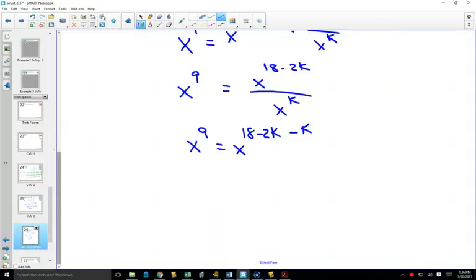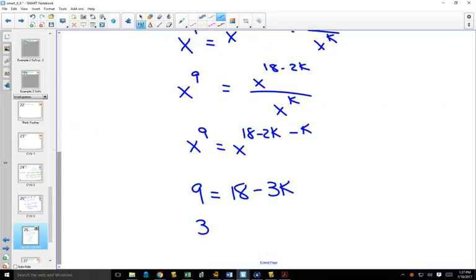Now going back to our exponents and logs unit, how did we solve for something in the exponent if our bases are the same? We can just get rid of the x's now and say 9 has to equal 18 minus 3k. A little bit of math.